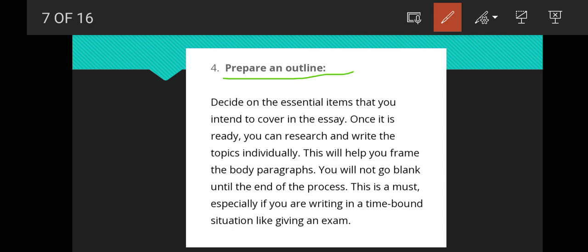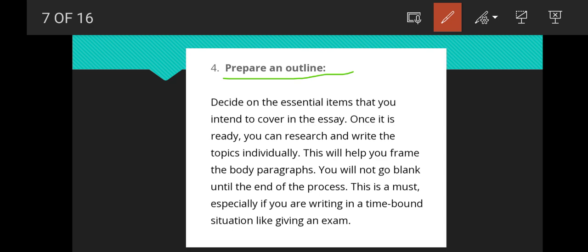First you need to write points and sub points of the topic, then you have to elaborate on them, so you do not commit any mistake and do not go blank at the end of your composition. Sometimes it happens that we have written half the composition very nicely, and now we are not understanding what we have to write further. The things are not coming to our mind.